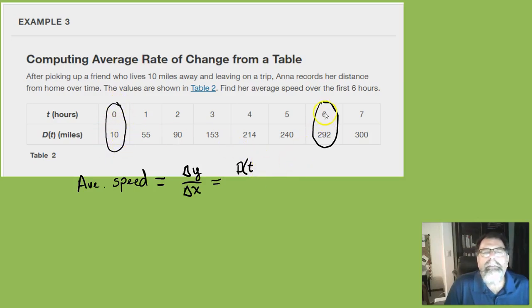So let's call this t2 and this t1, and then this is our d of t sub 2, and this will be our d of t sub 1. Okay, so d of t sub 2 minus d of t sub 1.